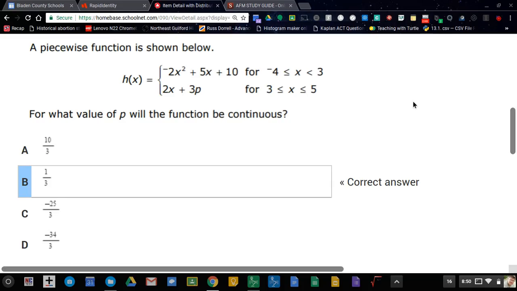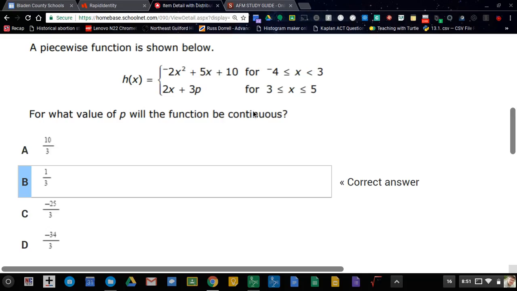To be continuous, they want these 2 points to line up. They want you to be able to trace that function with a pencil and not lift it off the paper, and just keep on going. If there's a disconnect, the y values are different at that boundary, then I have to lift my pencil and continue on. That's discontinuous.